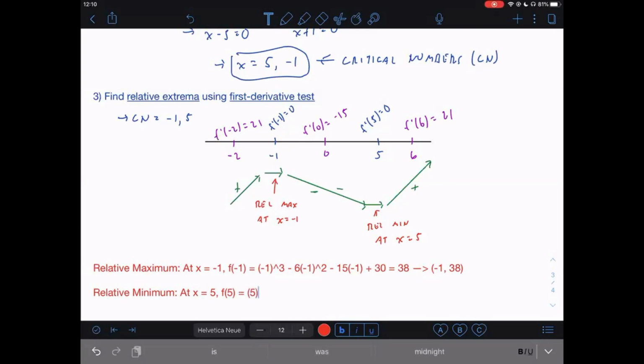We're going to take 5 cubed minus 6 times 5 squared minus 15 times 5 plus 30 to give us -70. So our relative minimum is located on our function at the coordinates of 5 and -70.